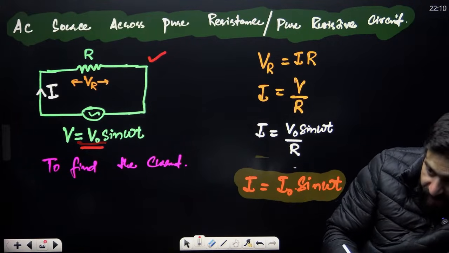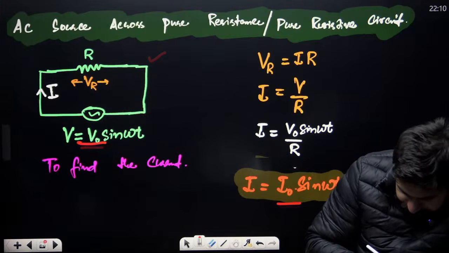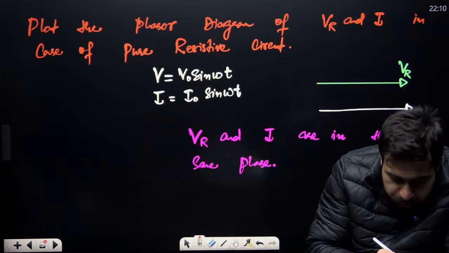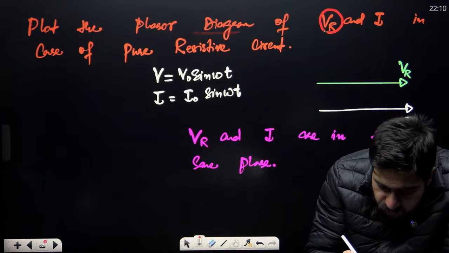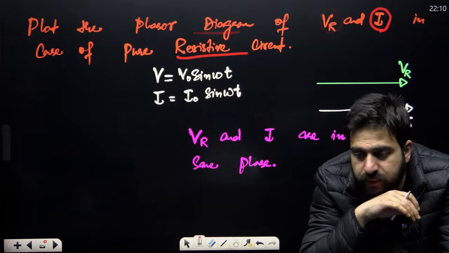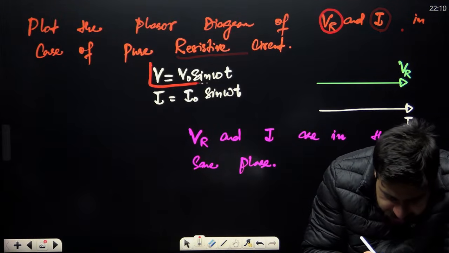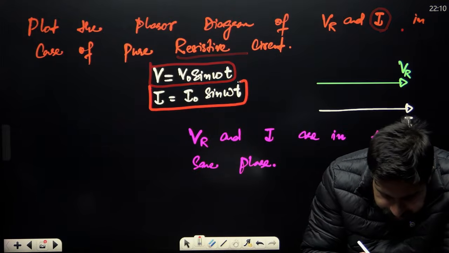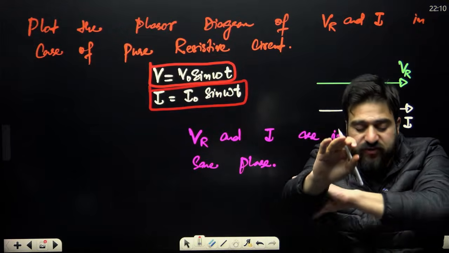This voltage and this current. Now, plot the phasor diagram of this voltage and current in case of pure resistive circuit. See, guys, this is the voltage. This is the current. You need to make this on the phasor diagram.